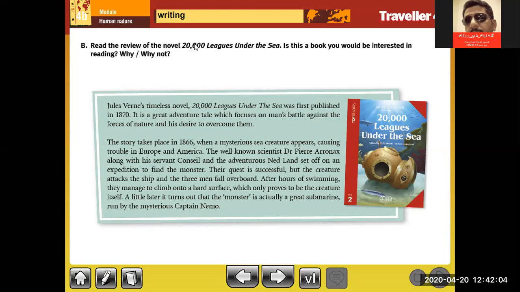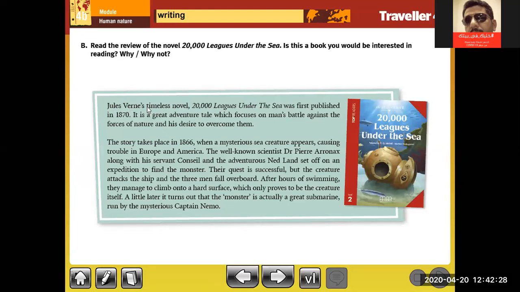Is this a book you would be interested in reading? Why or why not? You have to read it and decide if you are interested in reading the whole story later or not. Follow me now.